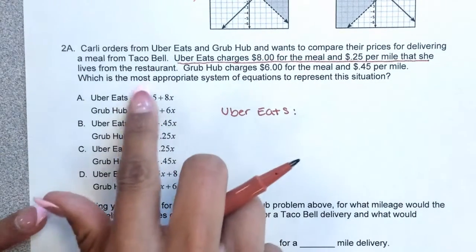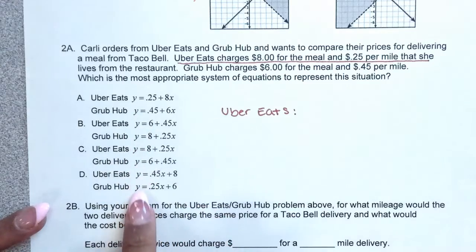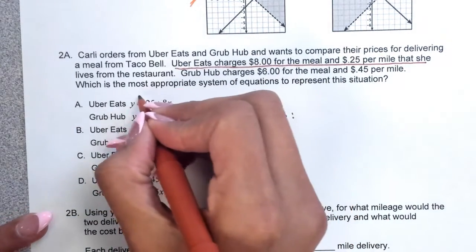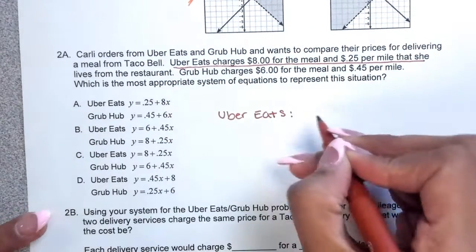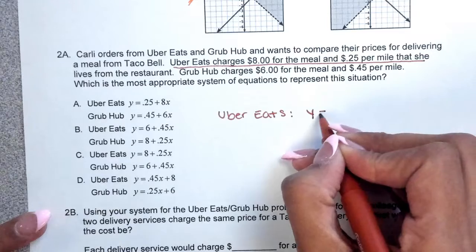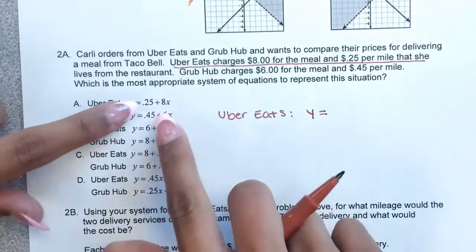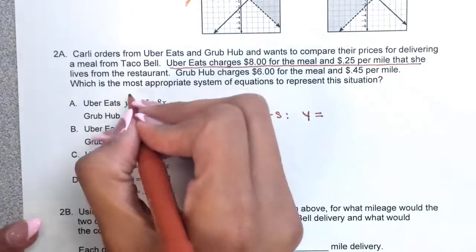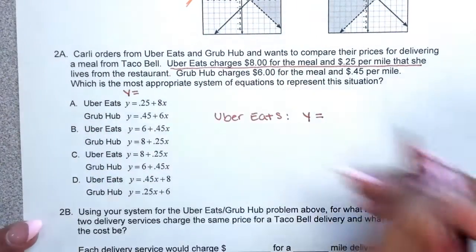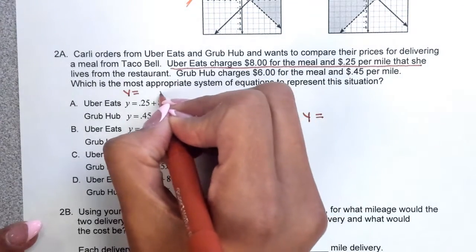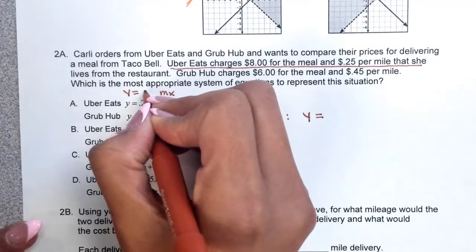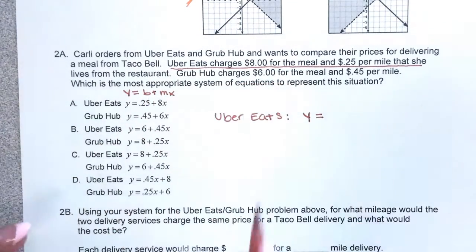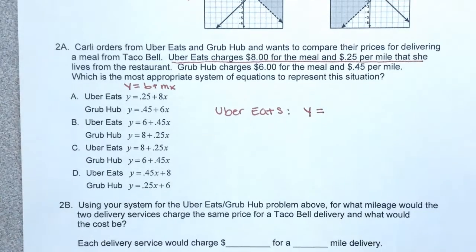So as you can see, all of my answer choices are set up as y equals. So I'm going to set mine up as y equals mx plus b, but instead of the mx being first, they have it last, and my b is first. It's the same thing, but written differently.